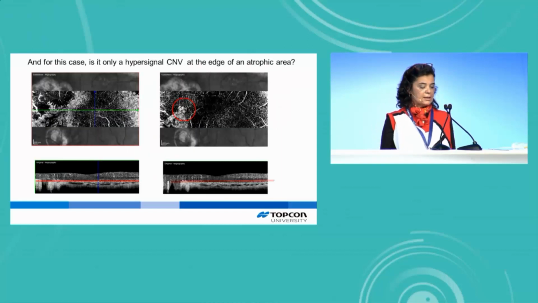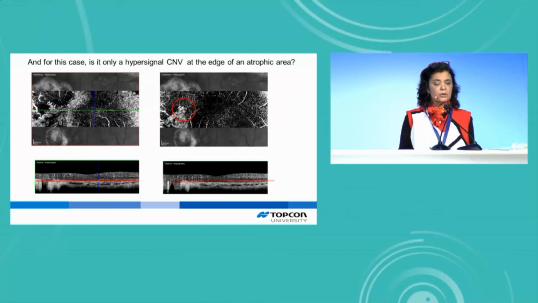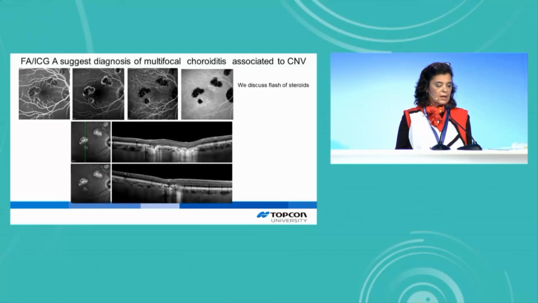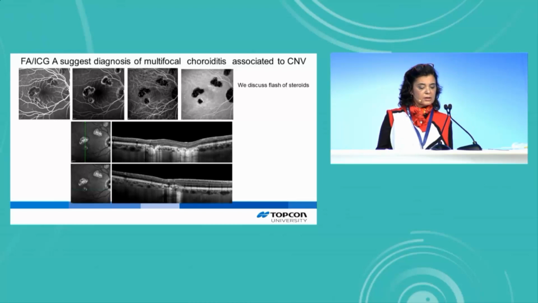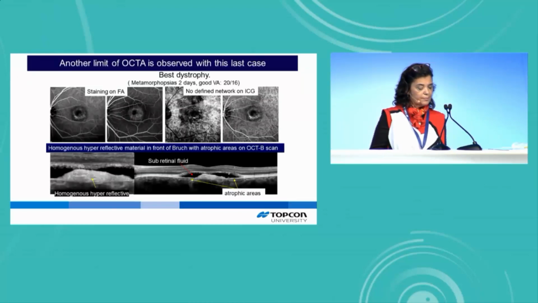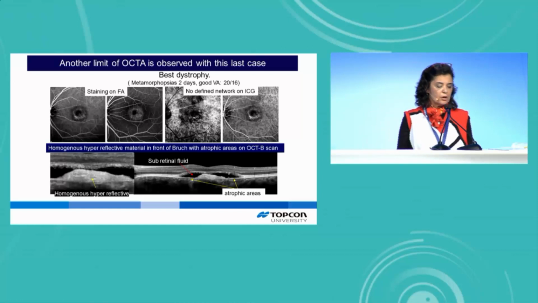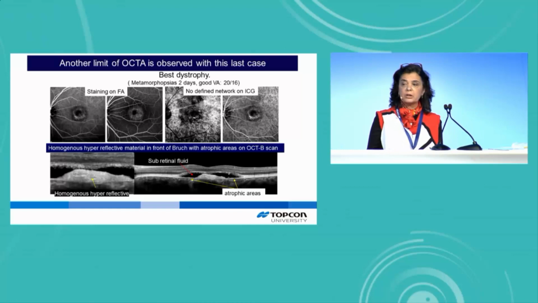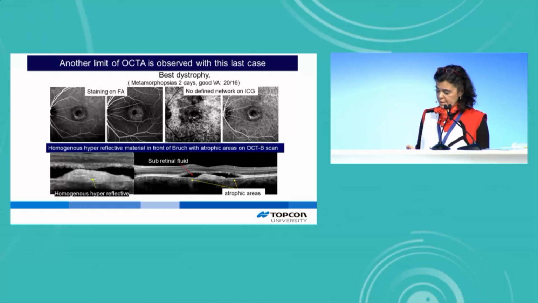And for this case, is it only a hypersignal CNV at the edge of an atrophic area? FA and ICGA suggest diagnosis of multifocal choroiditis associated to CNV. After this example of diagnosis, another limit of OCT-A is observed with this last case of basal dystrophy.